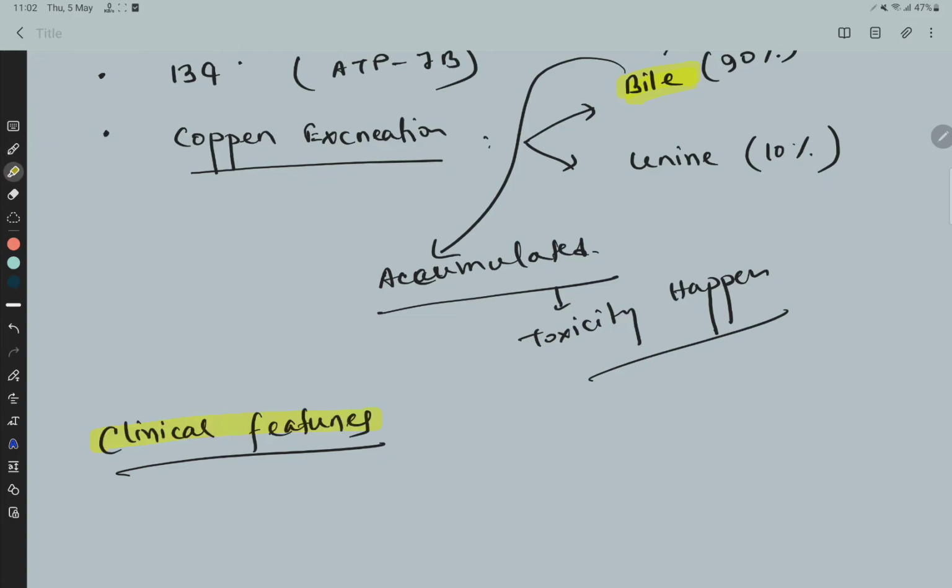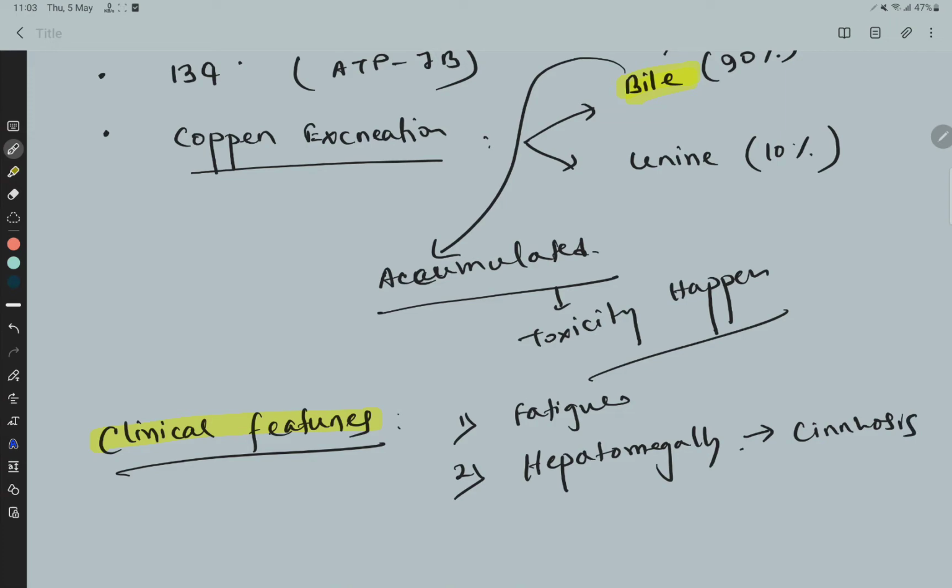Copper accumulates in the liver, so the metabolism is defective. That's why fatigue happens. Then hepatomegaly is seen, and ultimately the hepatitis is converted into cirrhosis.